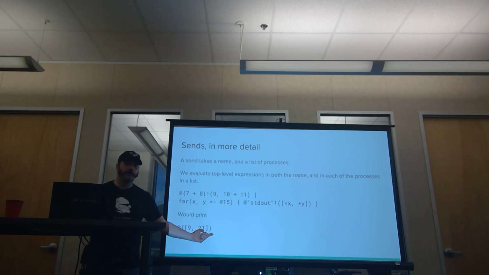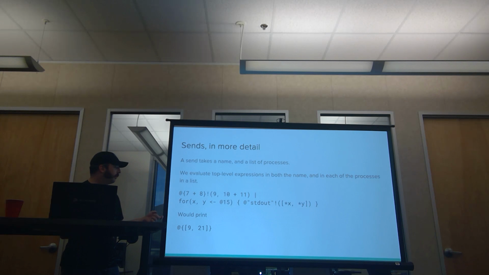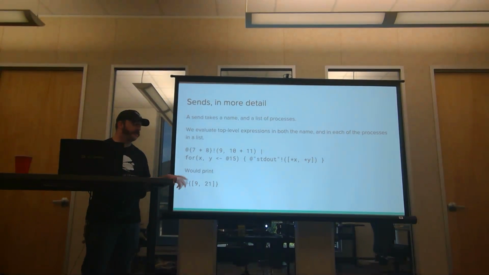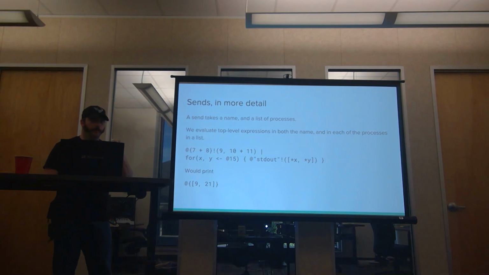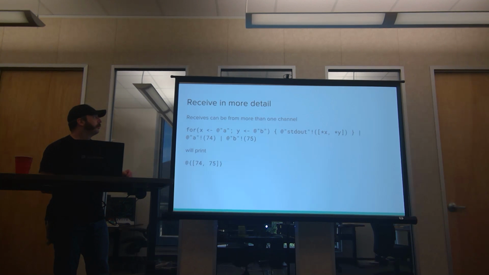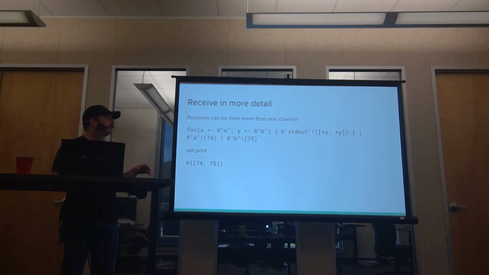And this is the actual output. I checked it while I was working on these slides this afternoon. So it actually prints out the list 9 and 21. This is just an artifact; it should just print the list 9 and 21.